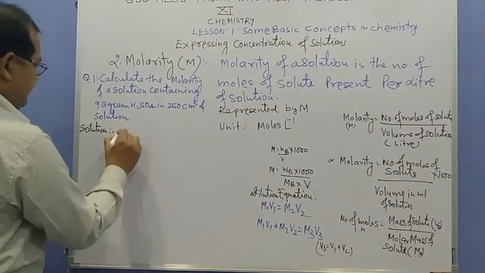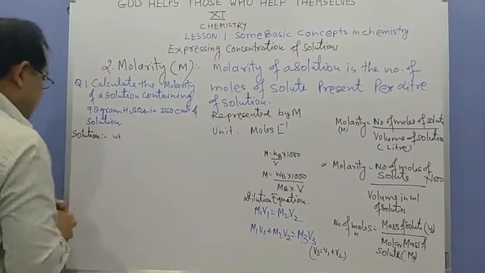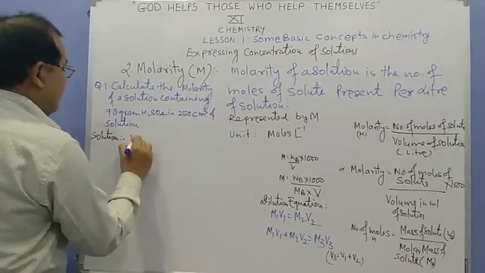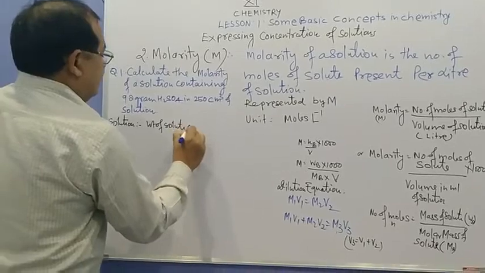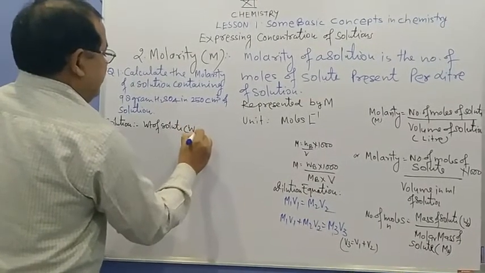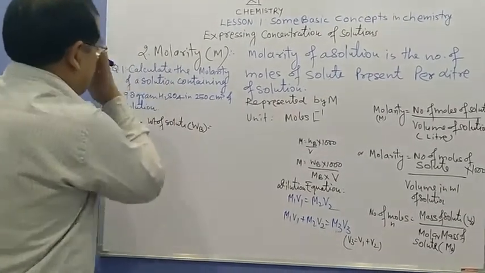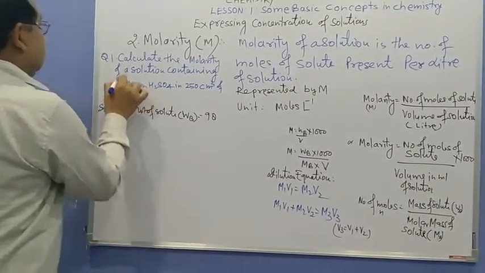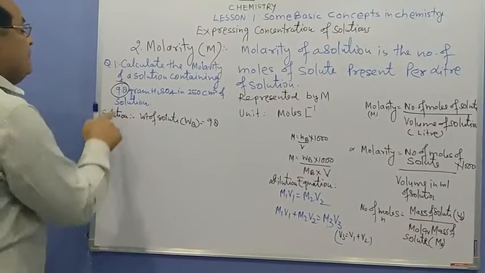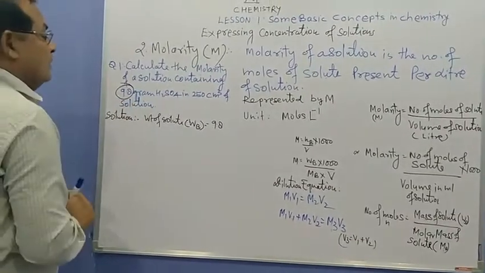Weight of solute, Wb, equals 9.8 gram. It is given here, 9.8 gram H2SO4.